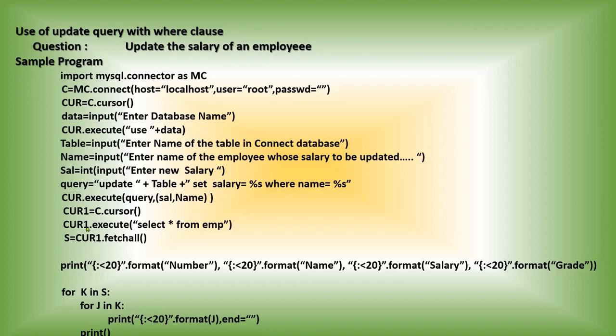So from that cursor object you have to extract the records. I just use the fetch all method for CUR1, so from CUR1 you are extracting. After that you are displaying in a tabular format. Okay, so that we can try out in Python.